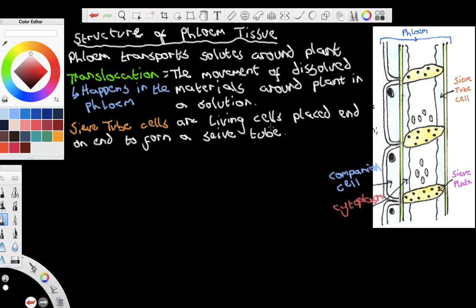So we've got these cells placed end on end to form a sieve tube.